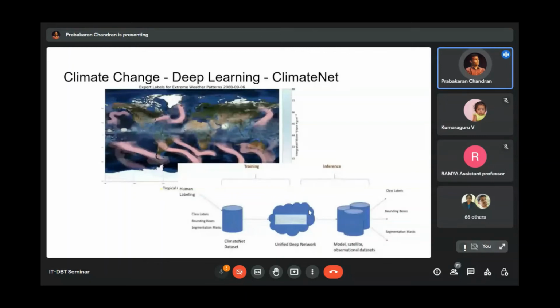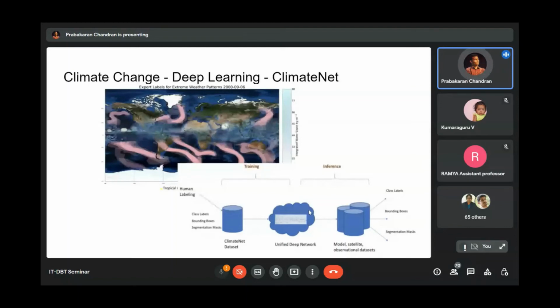So for that, we would have a unified deep learning neural network on which we can train the data, so that once we have the trained model in place, with the help of satellite observations, we can make an inference, so that we'll be able to understand that this particular location is facing pattern changes for the last 6 months. And by looking it up with the other data points, we'll be able to understand the relationship between the weather pattern change and the atmospheric change over there.